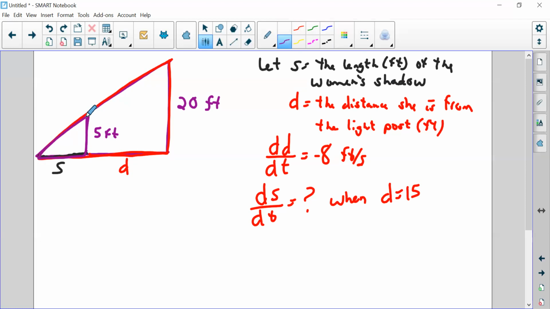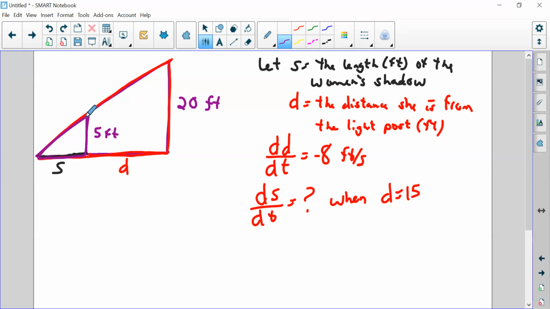So what would be our proportion that we could set up, using the red triangle and the purple triangle? What's the proportion of one triangle related to the other triangle?